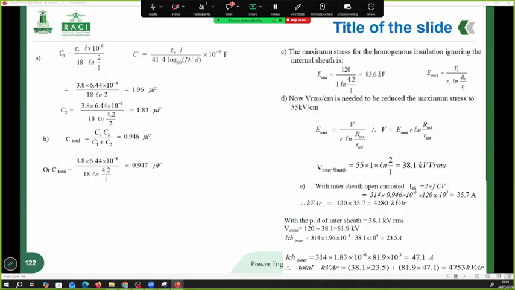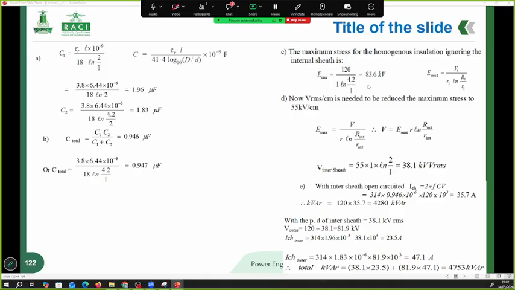In part C, the maximum electric stress is calculated using the standard logarithmic expression for cylindrical insulation, leading to a value of 83.6 kilovolt per centimeter. This result highlights that the stress is highest at the conductor surface and depends inversely on the radius and logarithmic ratio of the insulation geometries.